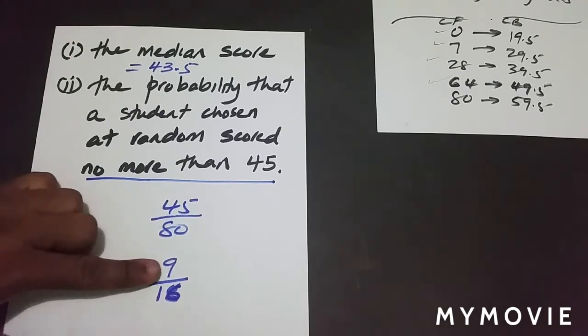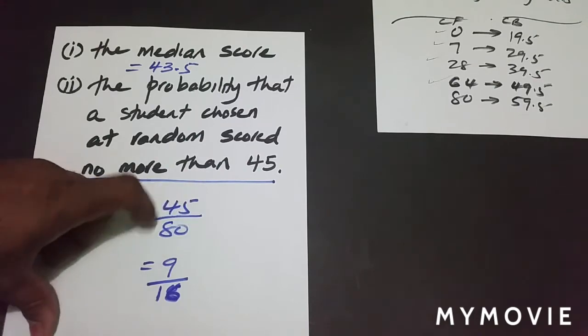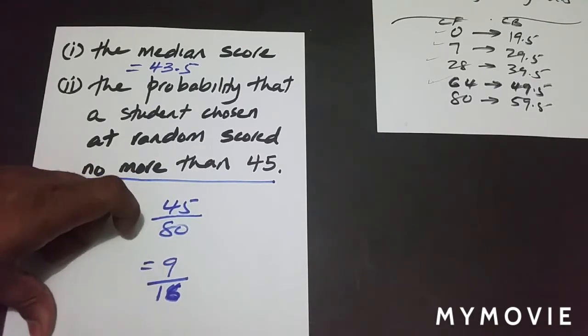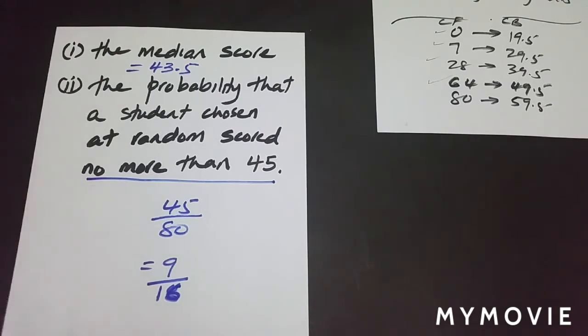All right, so the probability should be 9 over 16, because this can be broken down. So the probability would be 9 over 16.